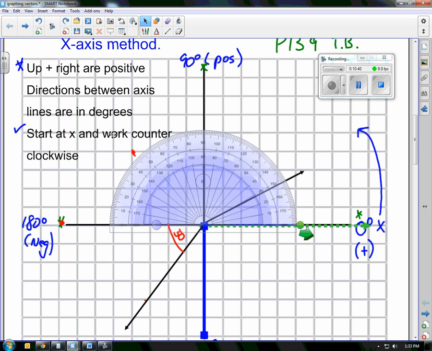And then I can grab my pen and I can run that 135 in there, something like that. And of course, that's a little bit of a long line. It should be a real short line because it only represents 2 meters. Okay, so there you have put in 5 different vectors, or graphed 5 different vectors using the x-axis method.